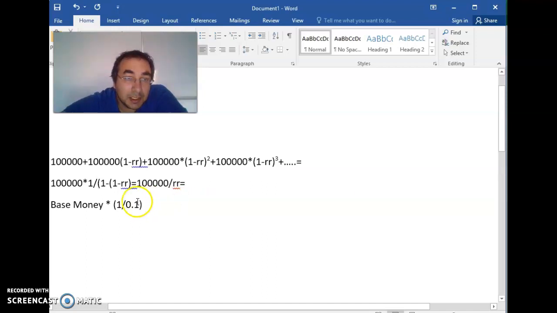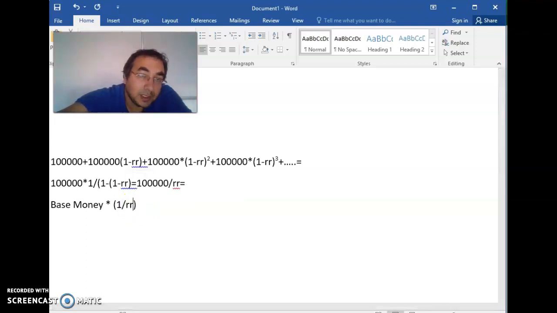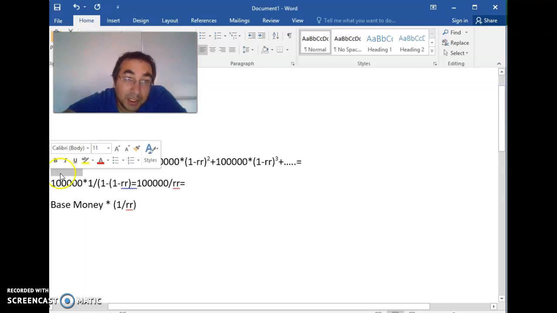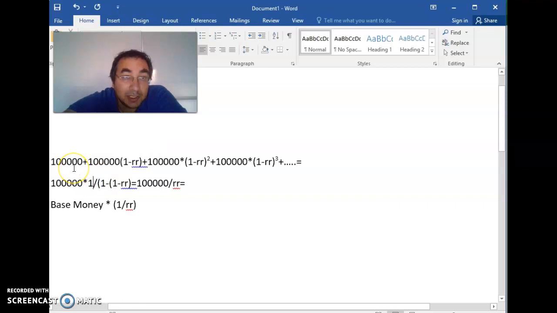Last time I said we could change all the 0.1s, which was equal to the reserve ratio, with just the term reserve ratio. Basically, we had this base money, which was money in circulation, the total amount of paper money, and that paper money was given to the banks upon the deposit.